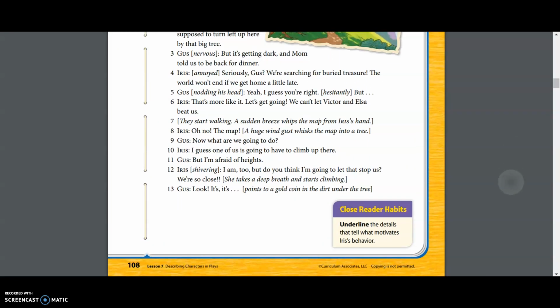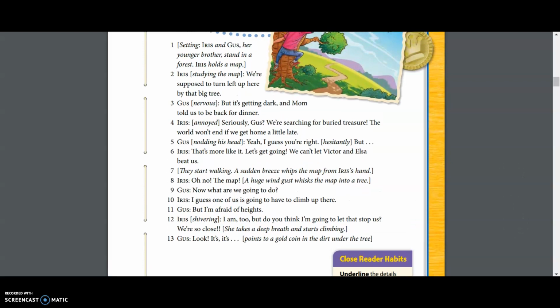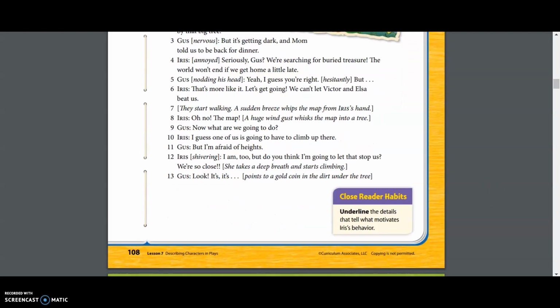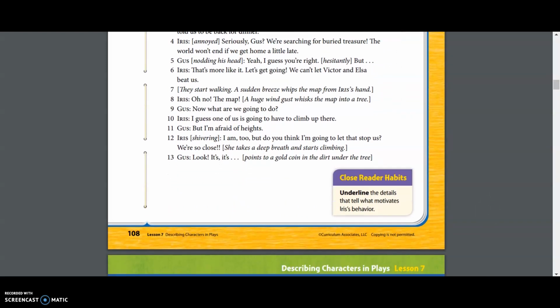So let's go look back up at our drama up here. At line 12, it says, "Iris, shivering: I am too. But do you think I'm going to let that stop us? We're so close." So they've just realized that their map has flown up into a tree and they have to climb it. Gus says that he's afraid of heights and Iris agrees while she is shivering.